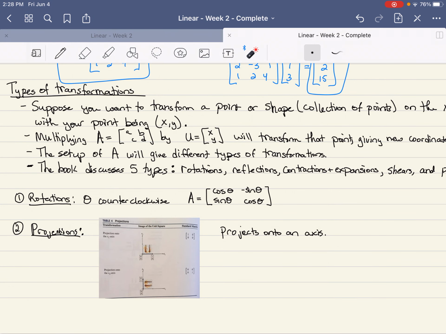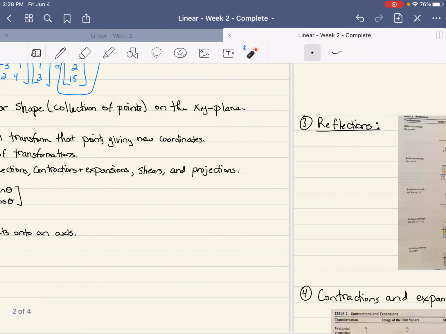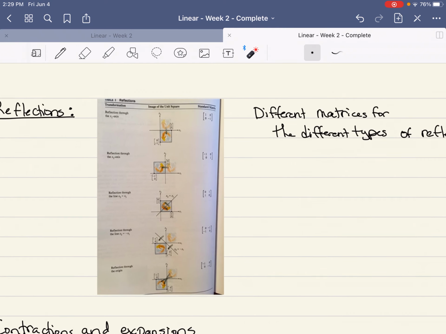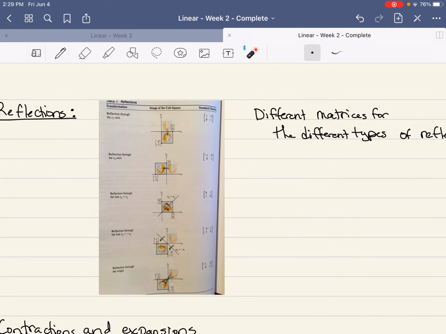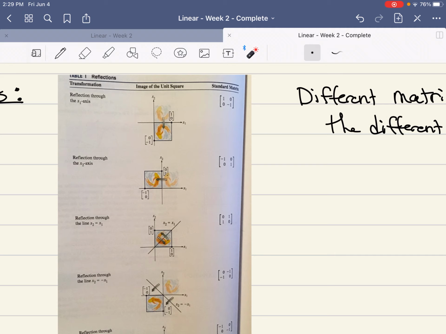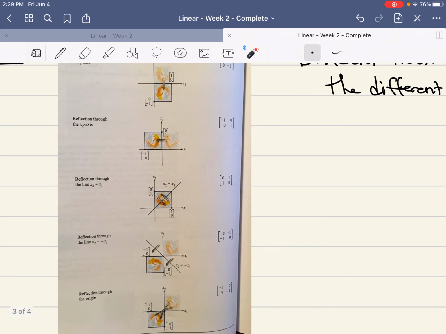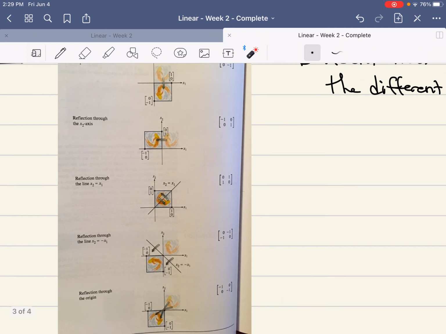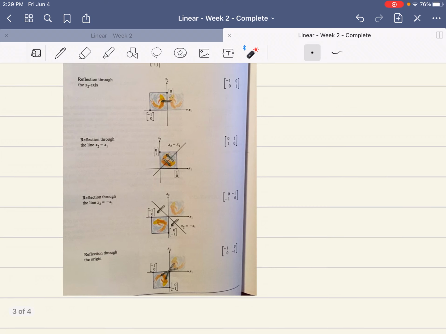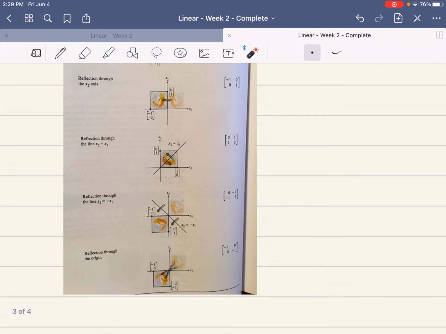We actually do some of those in calculus as well, but they just do a quick introduction here. Reflections, there's 6 types of reflections they do. So you could reflect over either axis. You could reflect over the line y equals x, y equals negative x, or over the origin. So it's basically reflecting over both of these.